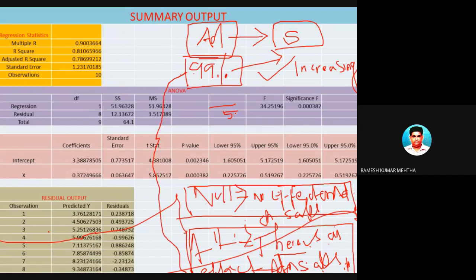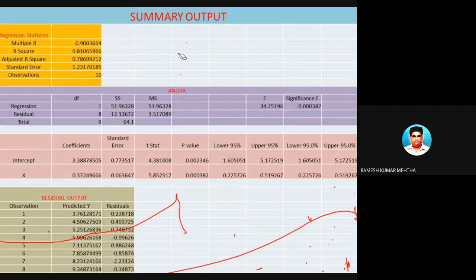Whereas if the significance level or the p value is more than 5%, then null is accepted and the alternative is rejected. So I have put a lot of effort into making you understand the meaning of null hypothesis, the meaning of alternative hypothesis, and the probability attached to accepting or rejecting the null and the alternative hypothesis.